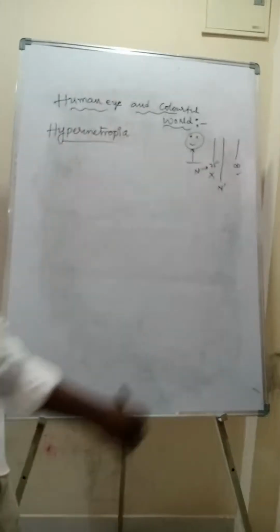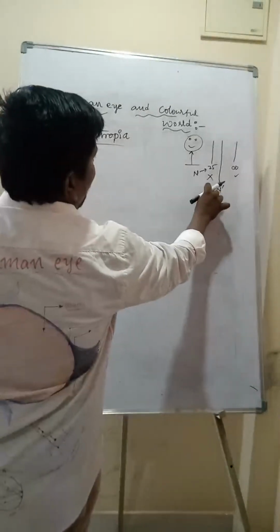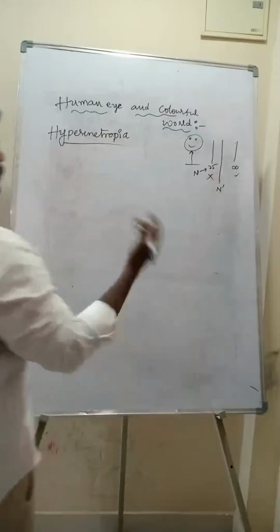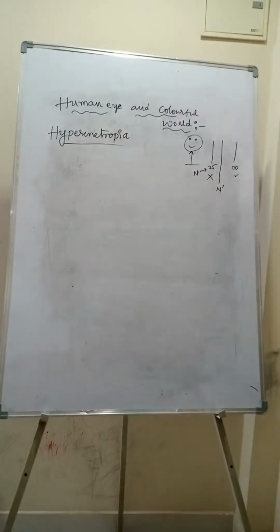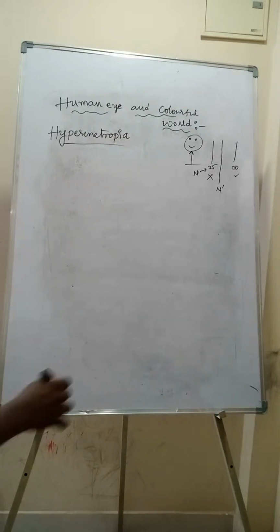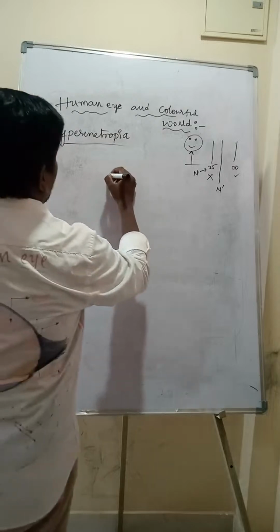Hypermetropia. So you can see this point, he can't see this point. So how to draw the diagram? Now you can see I am taking it like this.